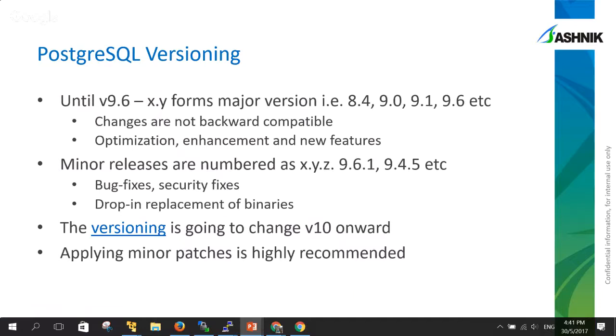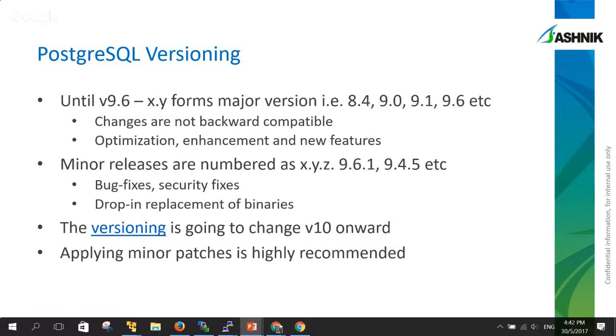Please note that the versioning is going to change from version 10 onwards, when the PostgreSQL community will follow a one-number format for major versions. That means you will not see 10.1 being the next major version. The next major version would probably be 11.